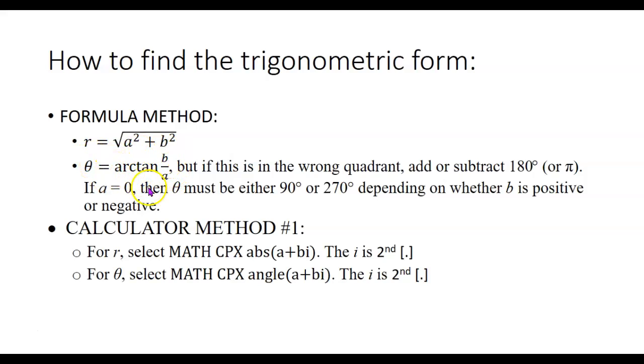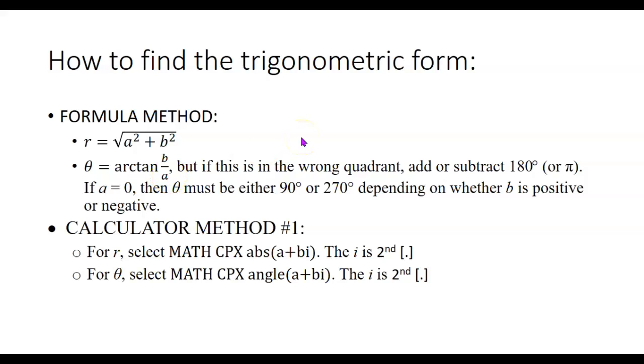The first is that b over a would give you the same number if b and a are both positive, like if you're in quadrant 1, as it gives you when b and a are both negative, like you're in quadrant 3. So a positive divided by a positive and a negative divided by a negative both come out the same, and so they would give you the same angle if you just do arctangent of b over a.